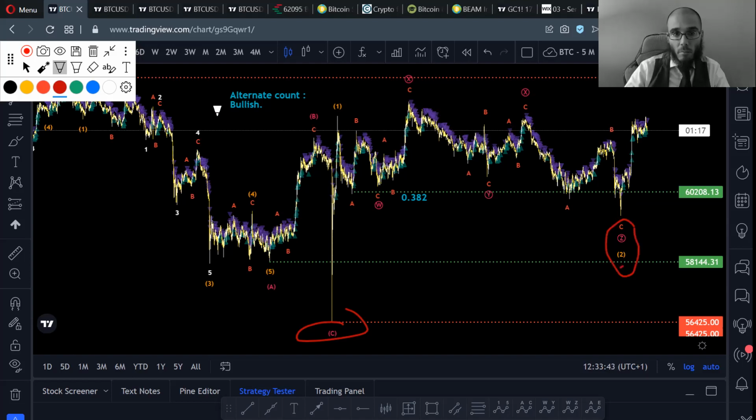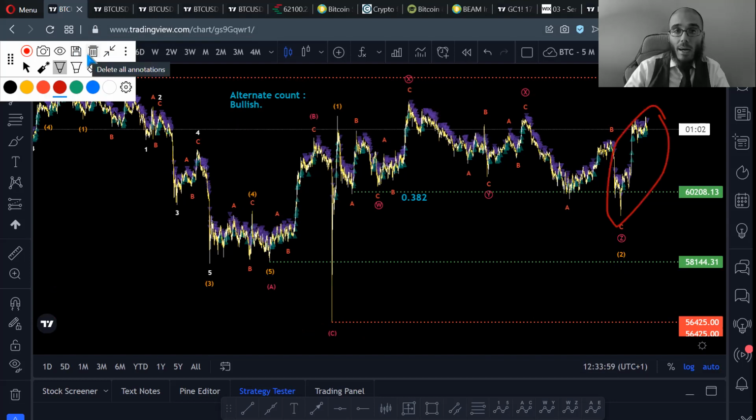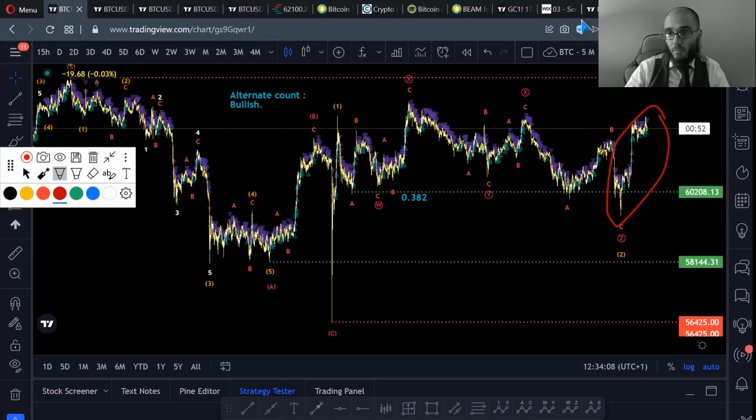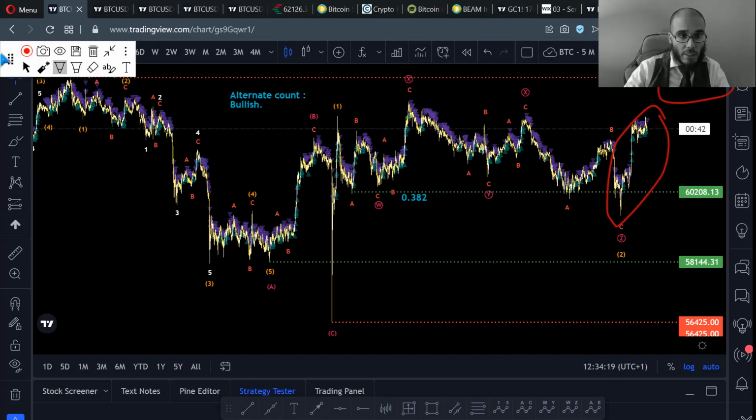But that's my bullish alternate count, and it's still not my favorite count, even though the probability, with the rise of price that we just had, gets much higher by the minute. The alternate bullish count will become my favorite count in a short period of time. To know that, I have to see price above that level, 63,733. When that's the case, I can switch over to my bullish alternate count.